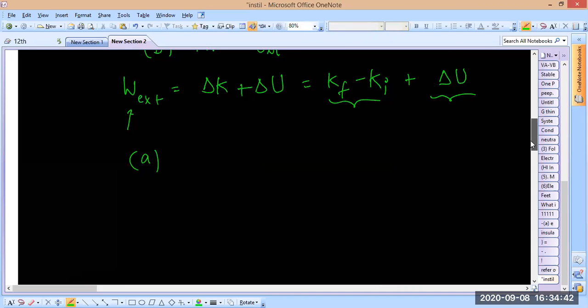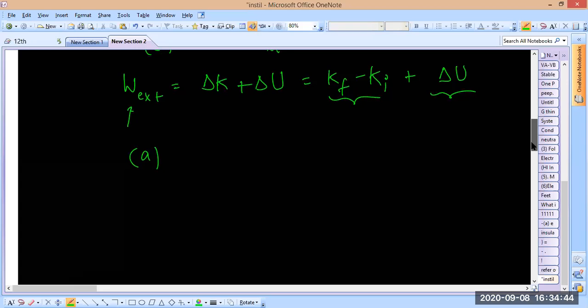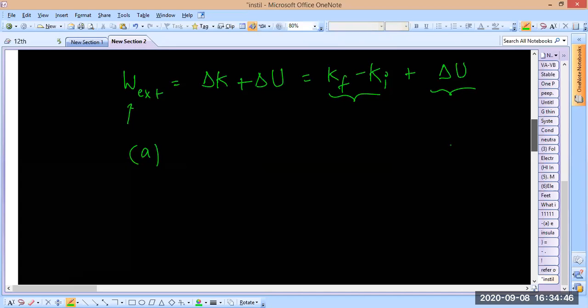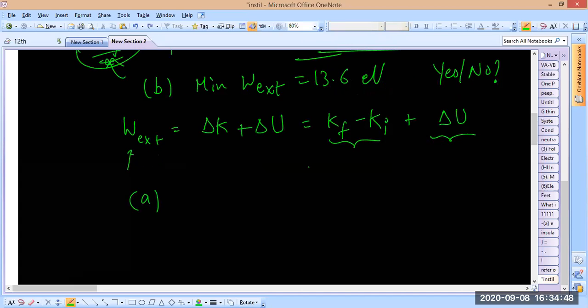One is by integration. The other one is by using this very idea. Happy about this sentence, right? We can use it. So let's see how.